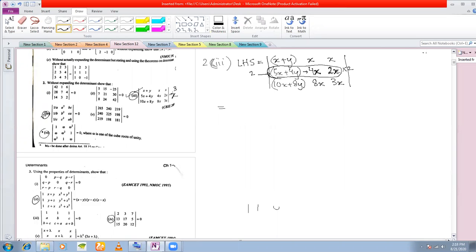And then, after multiplying, I subtract it from this row. So the first row remains as it is: x plus y, x, x. Second row also remains as it is, because whatever multiplication I'm doing is in my mind: 4x, 2x.